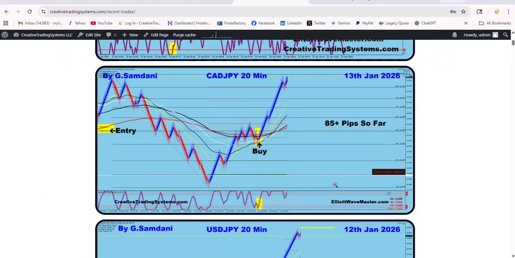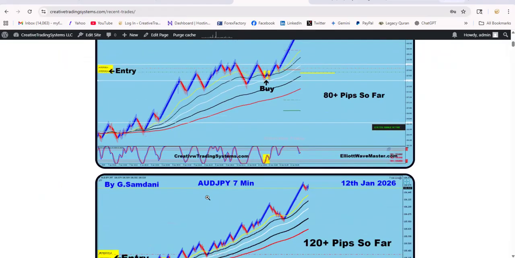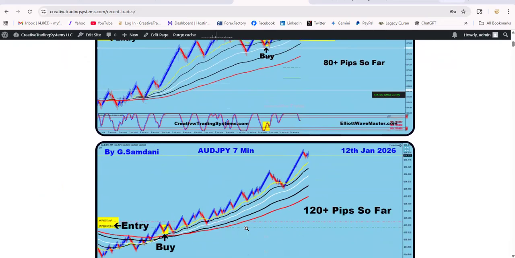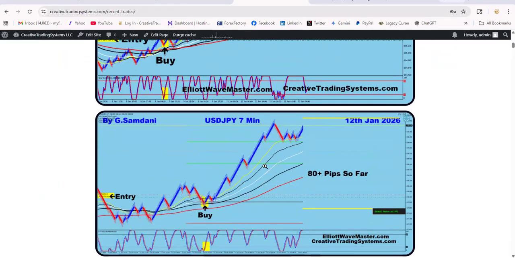CAD yen 85 pip. USD yen here 80 pip. This is for a 20-minute chart entry. And here Aussie yen 7-minute entry for 120 pip right from here. See, this was bearish here, and all of a sudden it turned bullish. My expert advisor opens a trade here, and then boom, boom, gone. USD yen from the 7-minute chart, 80 pip.